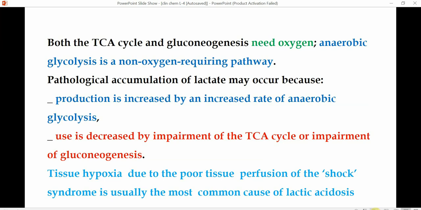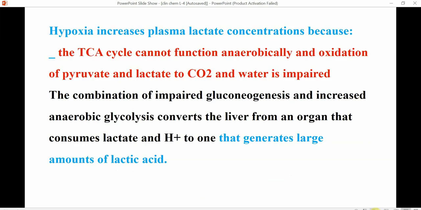Also, its metabolism or utilization may be reduced by the impairment of the oxygen-dependent pathways when there is a hypoxic state, as a result of lowered tissue perfusion, such as in cases of shock, which results in this metabolic complication as a result of accumulation of lactate.